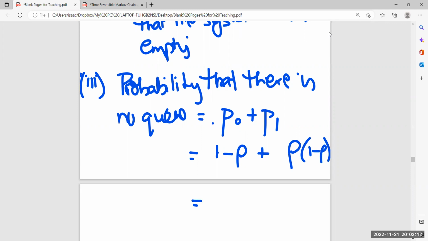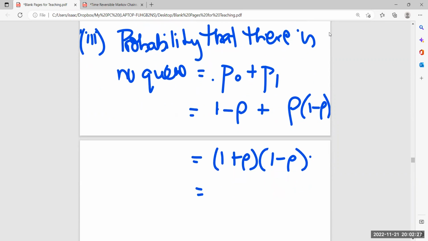So that gives 1 plus rho times 1 minus rho, which is 1 minus rho squared.